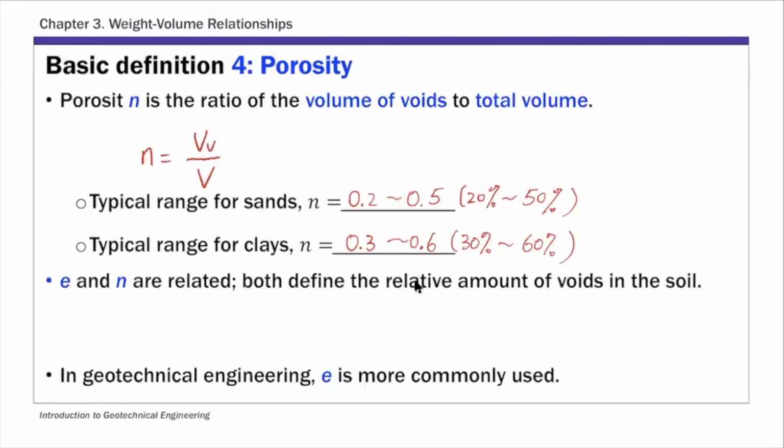And just from the definitions, you know these two are related. It's not difficult to derive their relationship. e is related to n through this expression here, and vice versa, you can derive n in terms of e.